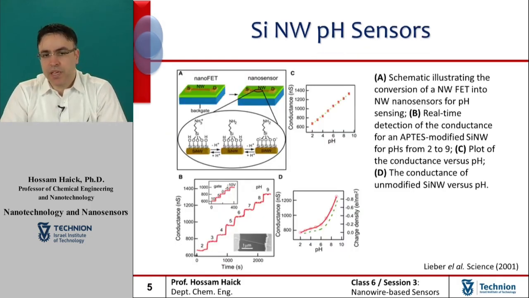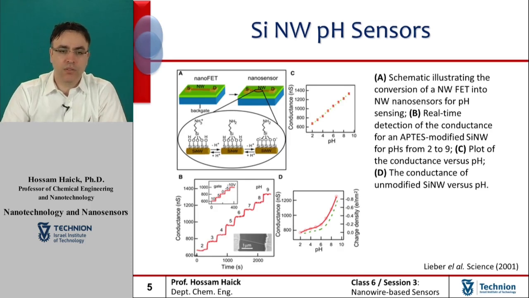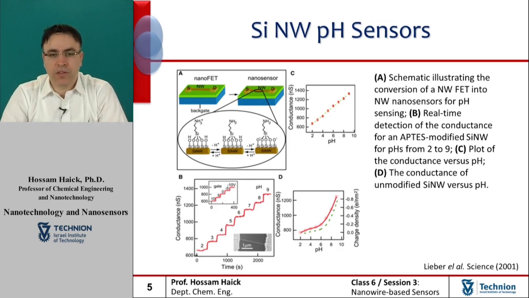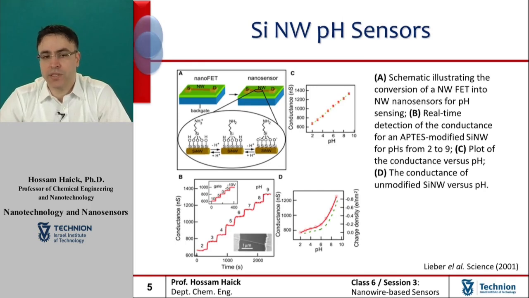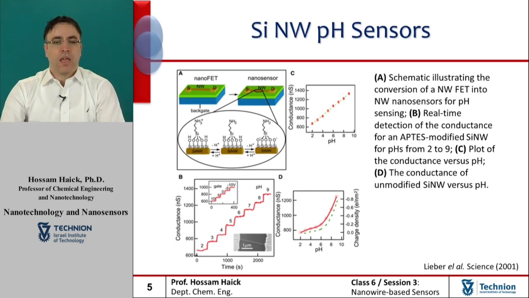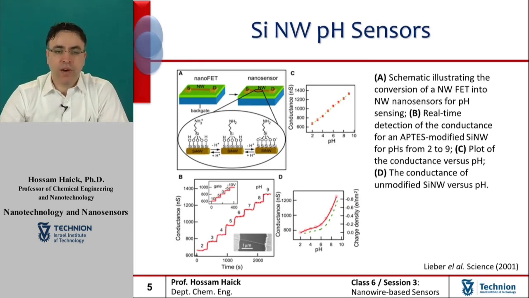A more specific example on the sensing process of pH by a silicon nanowire field effect transistor is presented in the current slide. Here, a silicon nanowire field effect transistor is formed by modifying the silicon oxide surface with 3-aminopropyltriethoxysilane. In this case, the modification provides a surface that can undergo protonation and deprotonation.